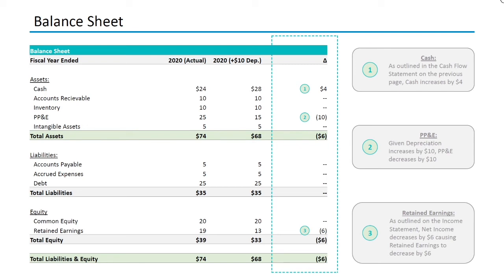And as we discussed in the income statement, net income decreased by $6, which flows into retained earnings, causing total equity to also decrease by $6, which in return has our balance sheet balance at negative $6 for total assets and also for total liabilities and equity.